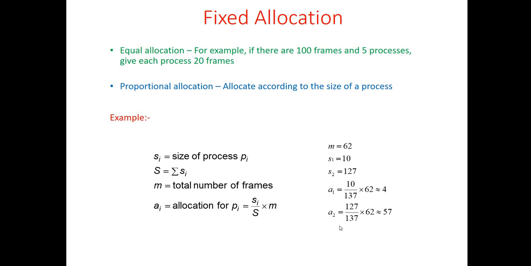The number of frames allocated for the second process P2, that is a2, is equal to the size of the process P2, 127, divided by the total size of both processes, that is 137, multiplied by 62, that is approximately 57 frames allocated for process 2.